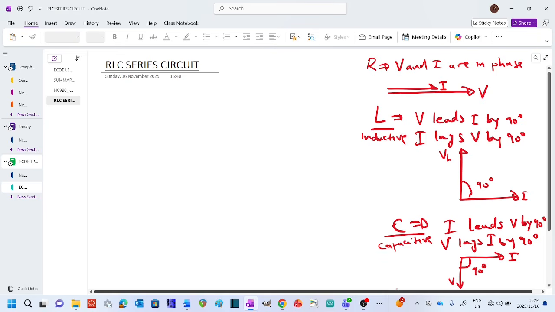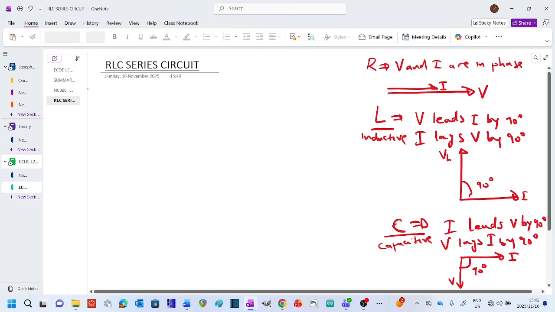But there is a little bit of something to remember when it comes to an RLC circuit. Remember, this is L and C. So how do you know when it's an inductive circuit or when it's a capacitive circuit? Let me draw the circuit, then we're going to define it as an inductive circuit, a capacitive circuit, and a resonant circuit, because that's what should happen.